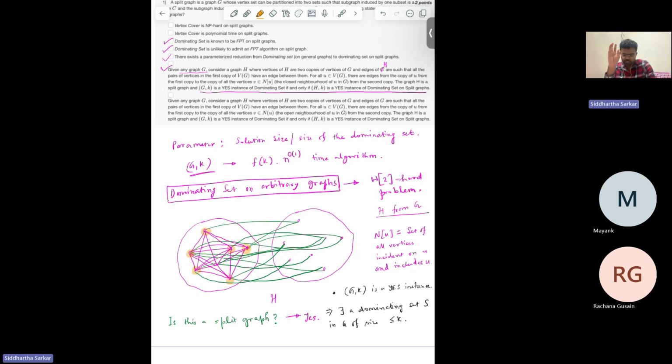So in the graph G, you have been given a dominating set of size K, let us say exactly K, and that is S. And if you look at the corresponding copies of the vertices in S, on the clique side, then these copies taken together are going to form a dominating set in H. That is the claim.